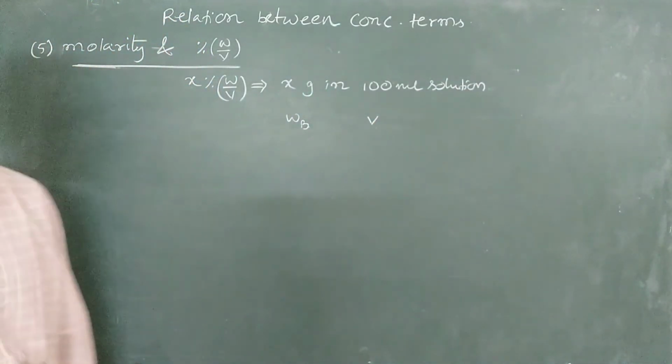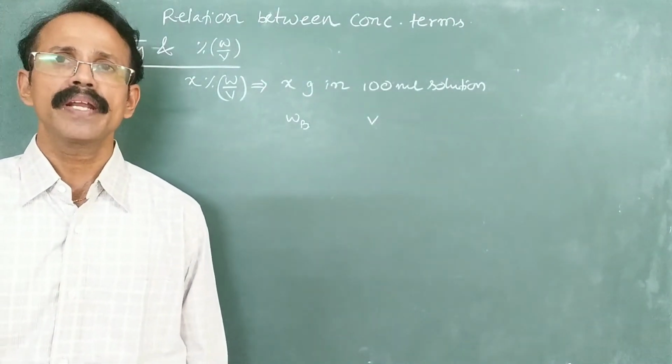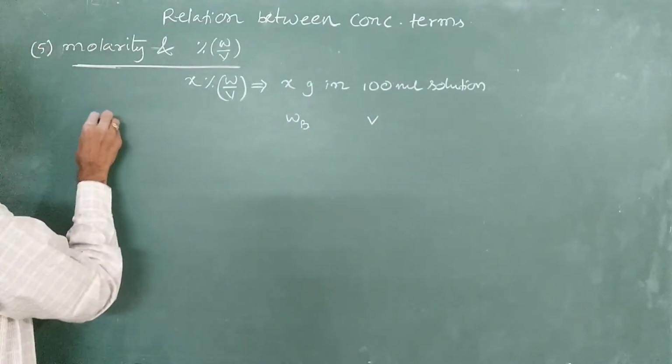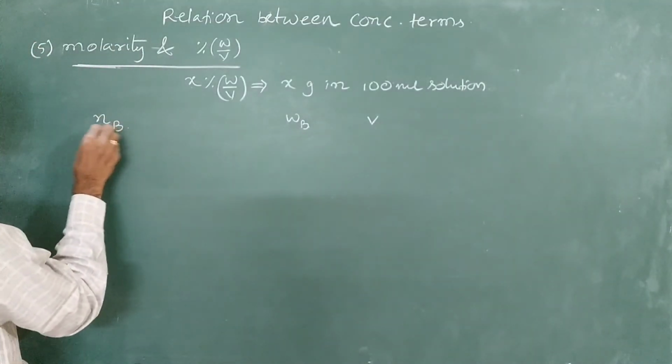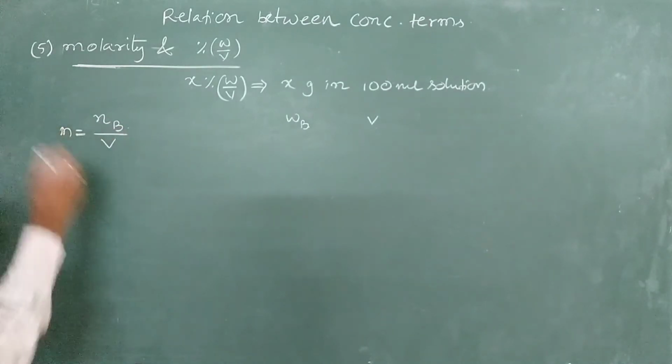Now, molarity is the number of moles of solute present in 1 liter of solution. So the number of moles of solute divided by the volume of the solution in liters is equal to molarity.